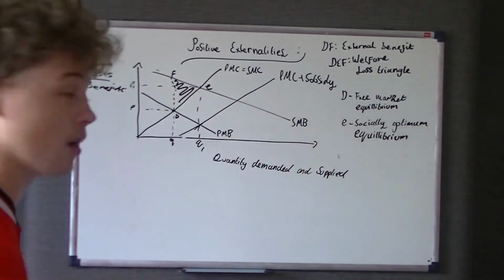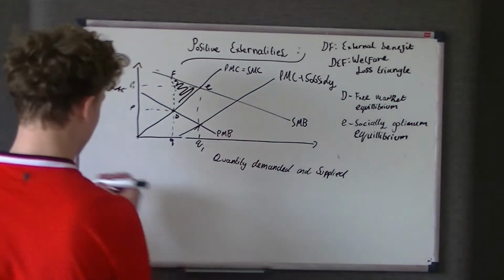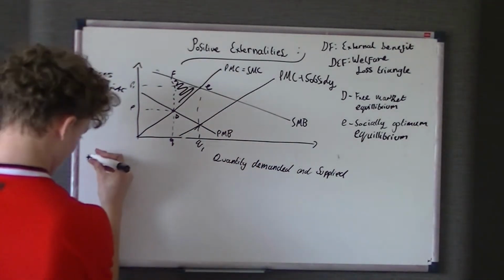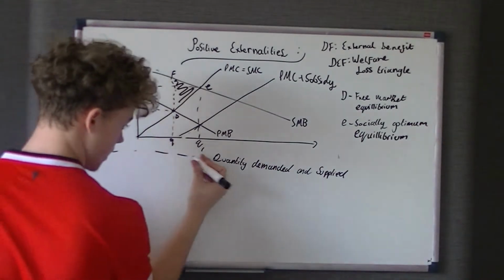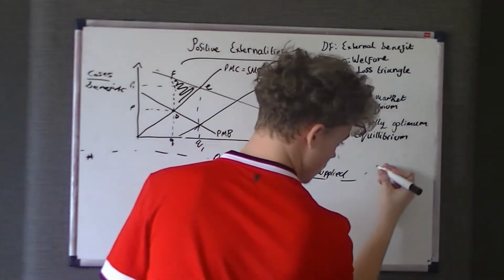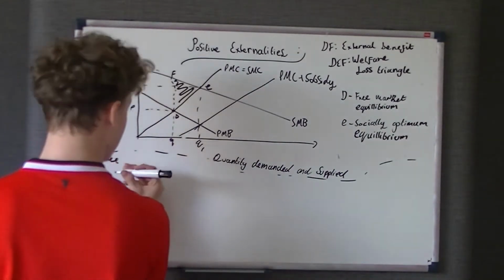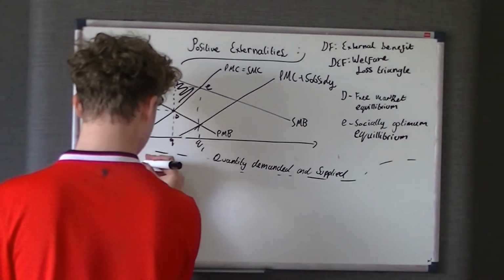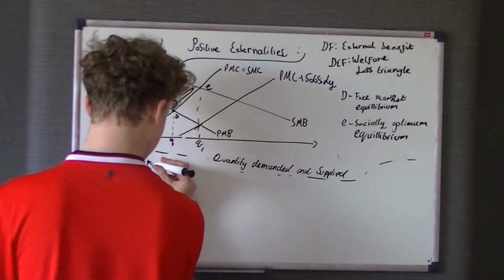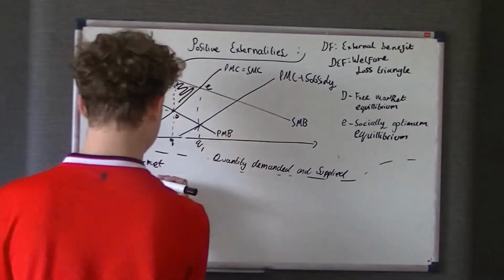So the first thing we start off by saying is where the two equilibriums occur. I'm just going to give myself a bit of space here. So we say where the free market equilibrium occurs. This is the same for both the positive and the negative, except you just change the letters.